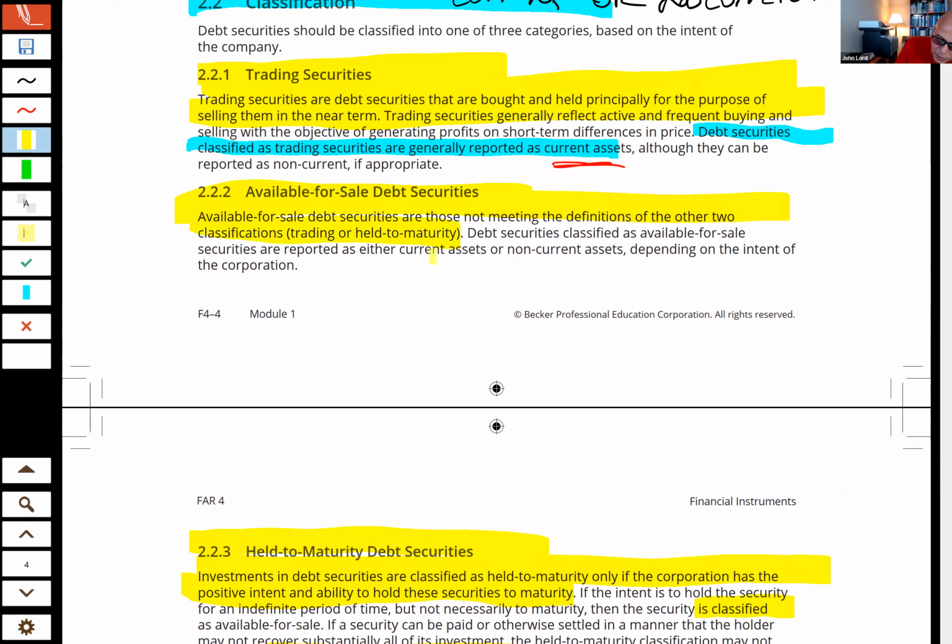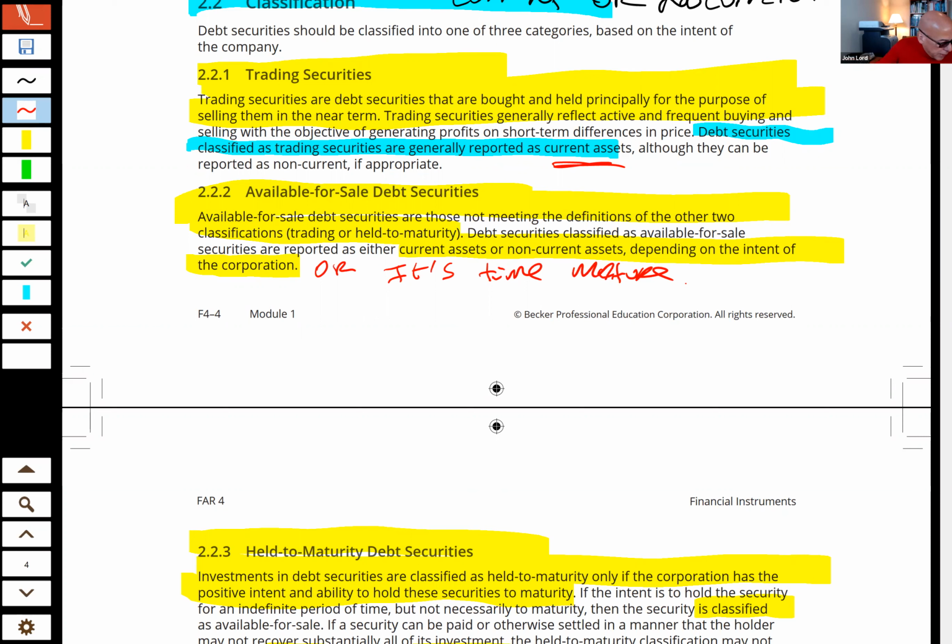It's neither trading nor held to maturity. If that's the case, it could be current or non-current, depending on the intent of the corporation or its time to maturity. Because if it's going to mature in the next year, they can't hold it beyond its maturity, so it would have to be current.